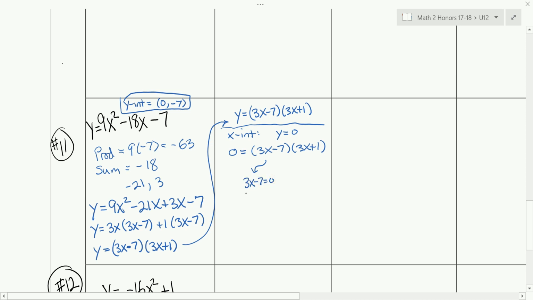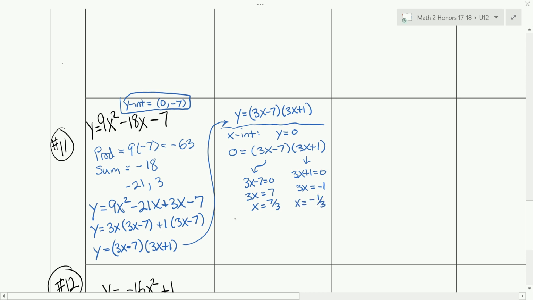So in the first one, we end up with 7/3. The second one, we end up with negative 1/3.